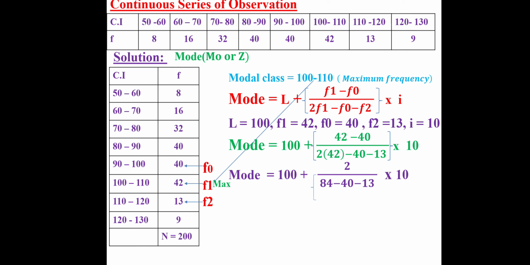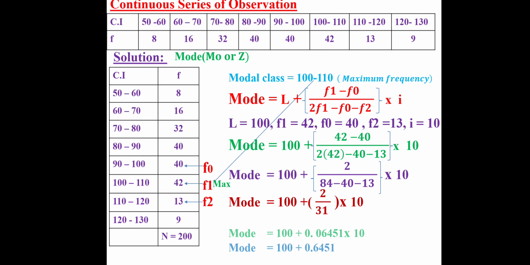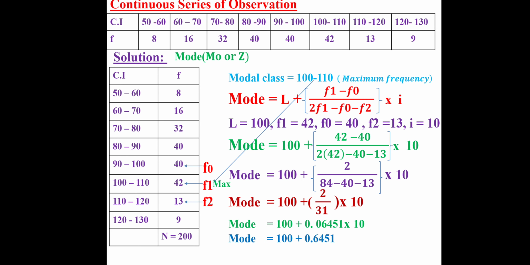So we can simplify: 2 by 31 will give 0.06451, into 10, 0.6451, plus 100, 100.6451. Here ends this explanation of the less than cumulative frequency problem.